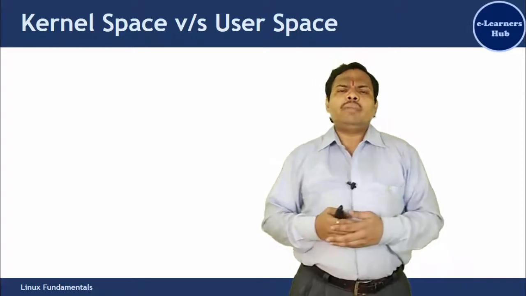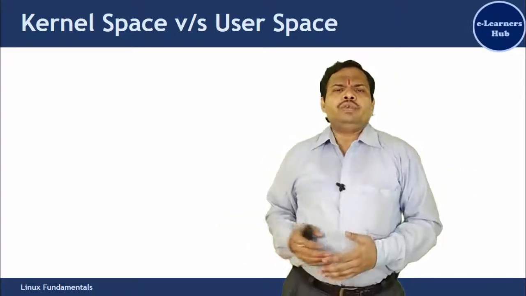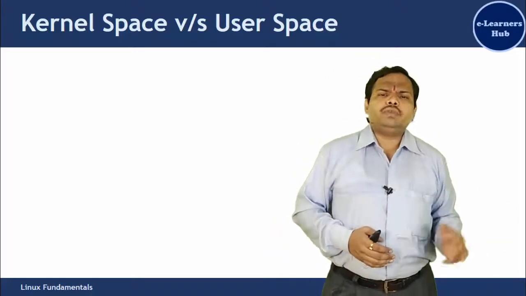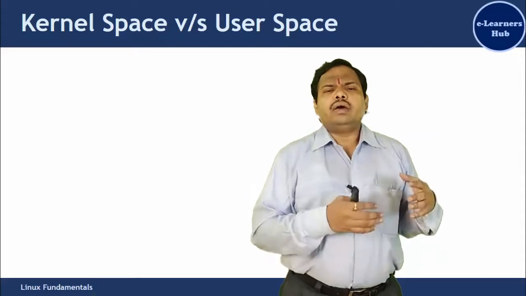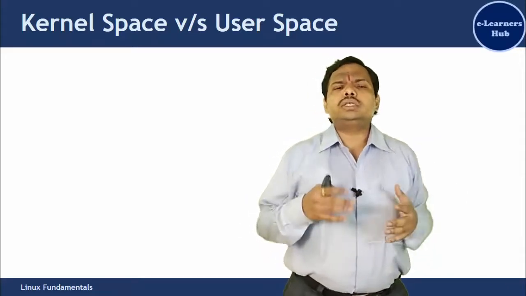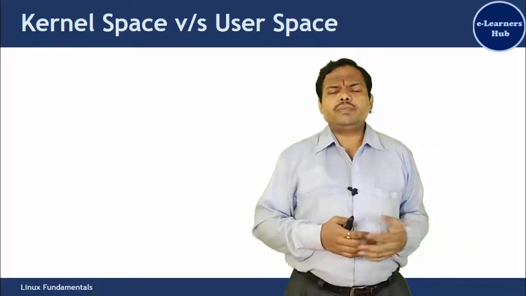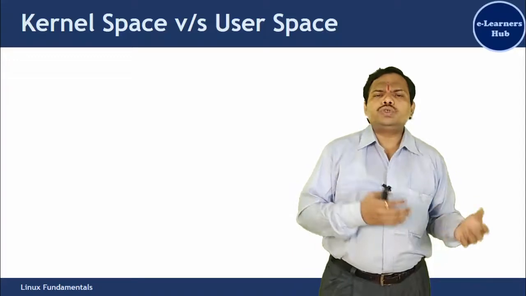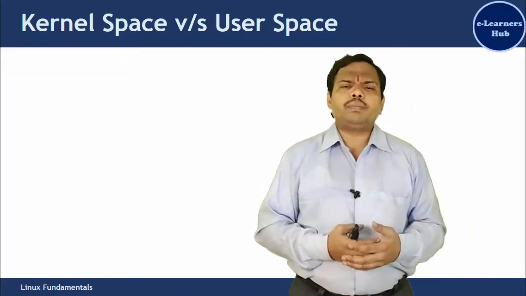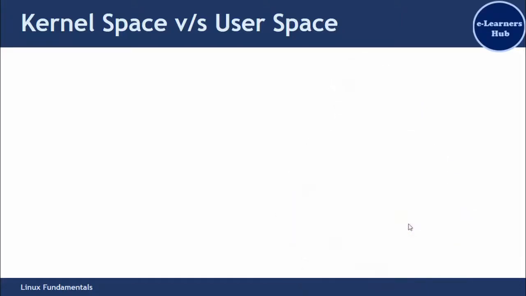So our main memory is divided into two, the kernel space and the user space. The kernel space is also called the system space, and it holds all the system processes that are running in the system. So what is there in the kernel space?